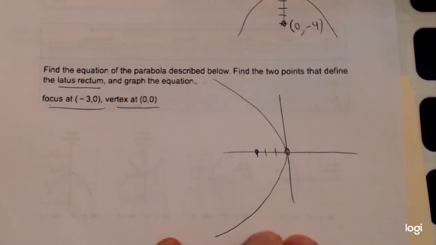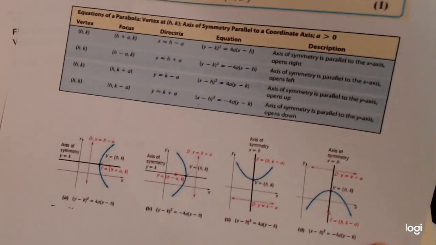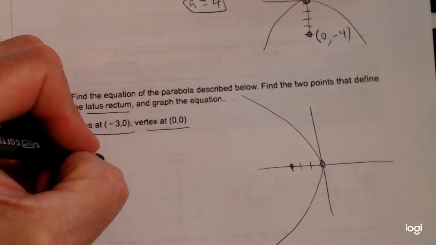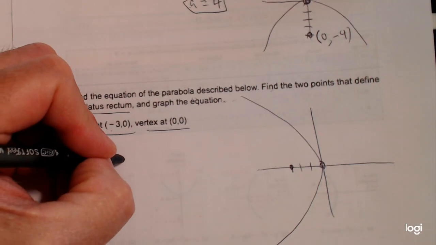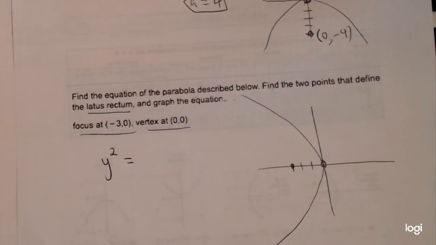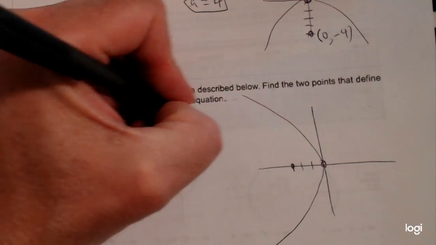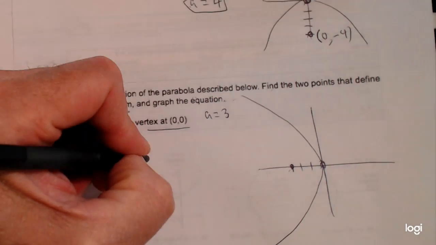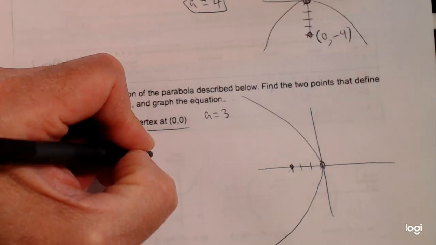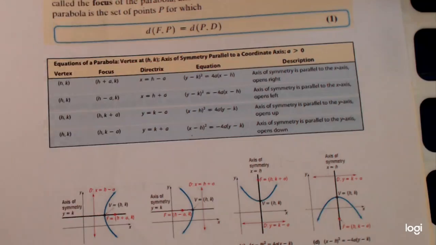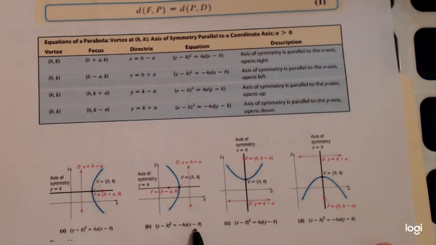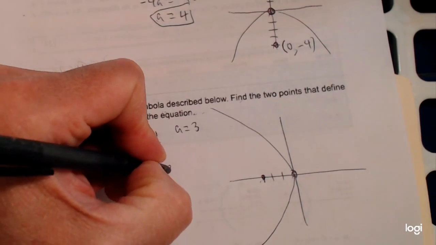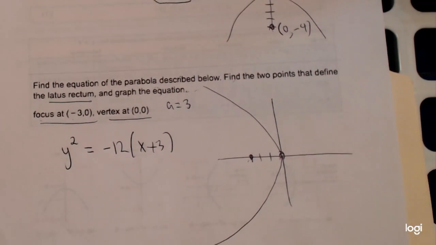So now we've got to look over here and we realize that we have this one right here. So that's going to be y squared equals, and we know that a is 3 because it's the distance from the vertex. And then we do negative 4 times 3 times x plus 3.